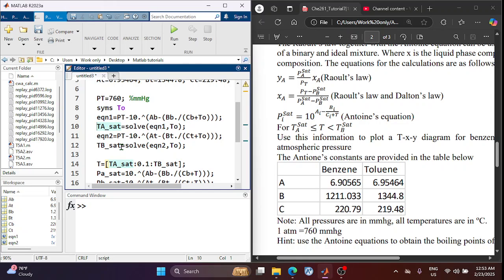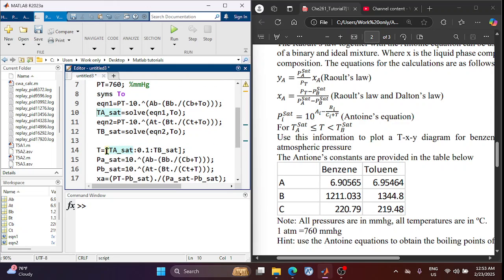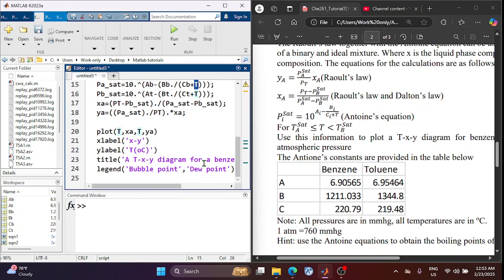So we're going to solve equation 2 for T naught in that case, and that becomes TB sat. So I can now set my range from TA sat to TB sat. And because we didn't want the T from this part here, what we are solving for, to conflict with the T down here, we use a different symbol. So we use T naught and T so that it doesn't conflict in any way. So this is how we go about this question.